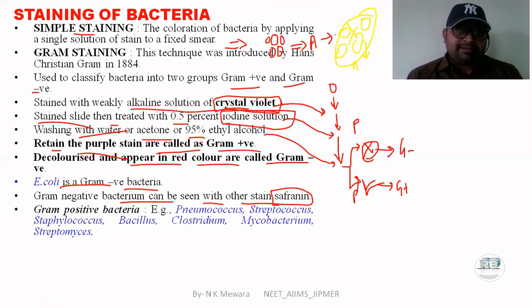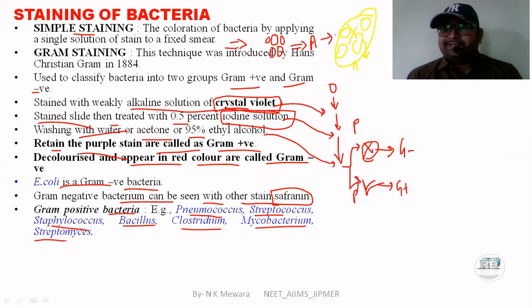The best examples of Gram positive bacteria are pneumococcus, streptococcus, staphylococcus, bacillus, clostridium, mycobacterium, and streptomyces. These are all examples of Gram positive bacteria.